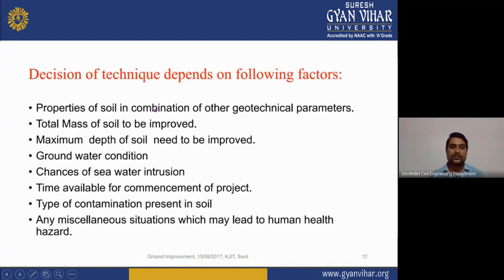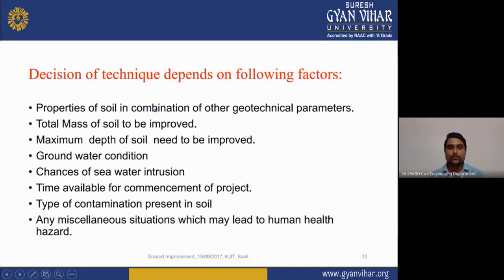What should be the decision for the technique? What factors should be involved in the decision taking? As you can see here, first one is properties of soil in combination with other geotechnical parameters.